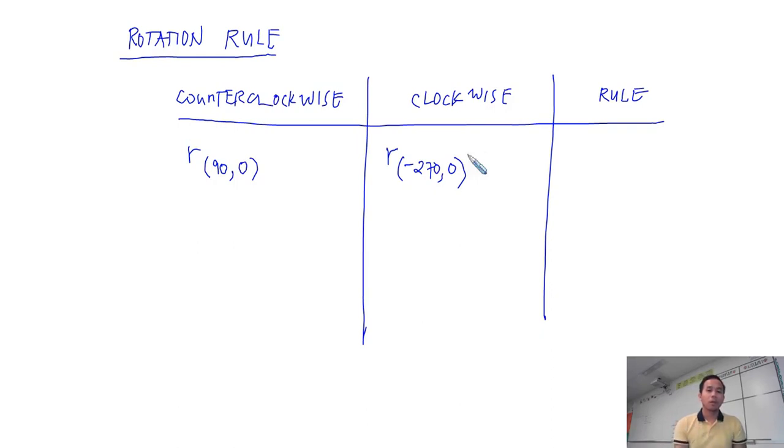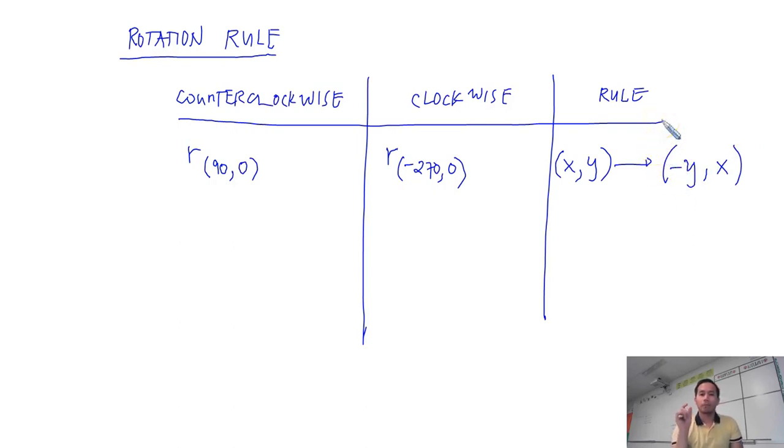So the rule is that the point (x, y) will result in (−y, x): you switch the positions of x and y, and your y will be negative.